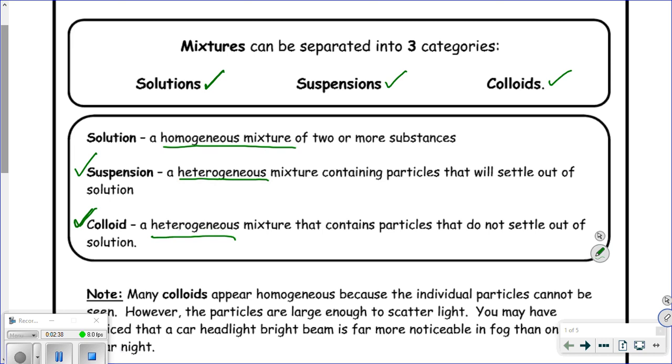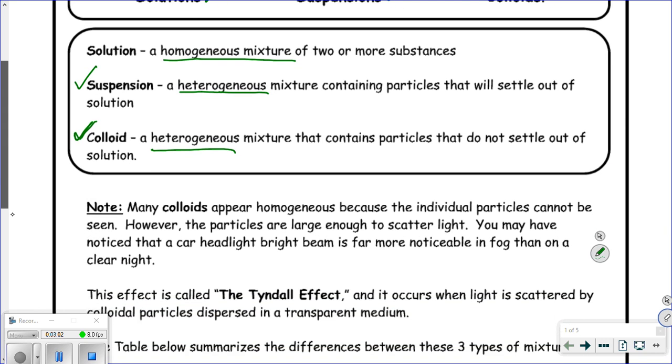If you ever notice on your milk container, it says homogenized, and that's because it's a heterogeneous mixture that they've kind of fooled into looking like it's a solution. Which is why when you have your milk at home in the jug, it doesn't separate into the fat layer and the water layer like you would get if you milked a cow. Okay? So those are the three things we're going to be talking about.